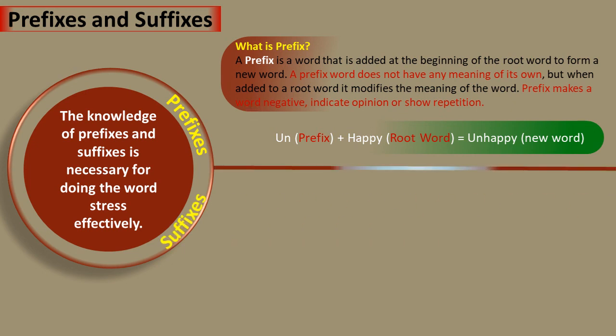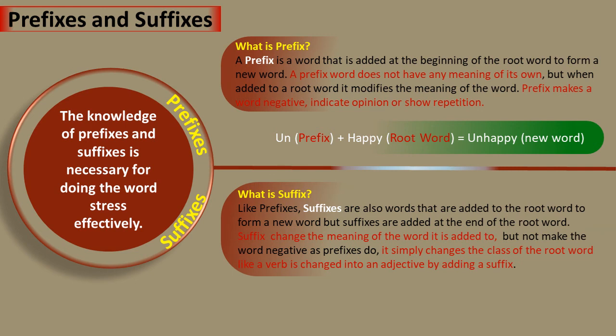And let us try to understand what a suffix is. See, like prefixes, suffixes are also added to the root word to form a new word. But suffixes are added at the end of the root word, whereas prefixes are added at the beginning. Suffixes change the meaning of the word they are added to, just like prefixes, but do not make the word negative as prefixes do.